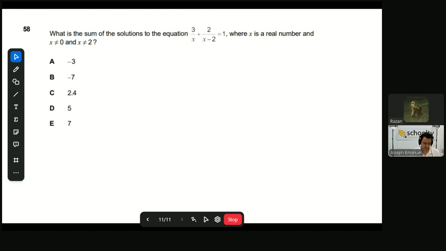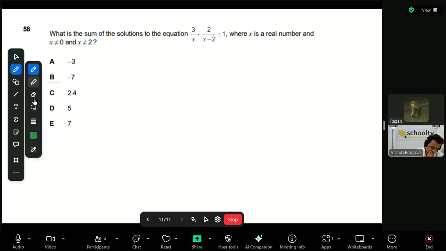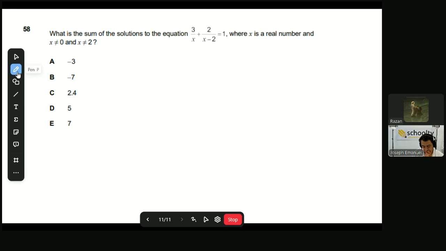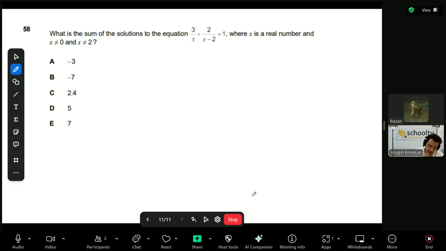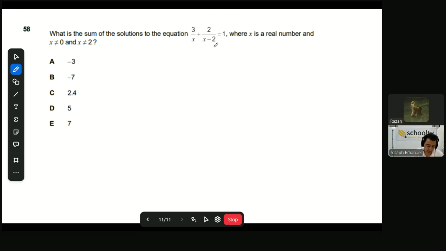What is the sum of the solutions to this equation where x is a real number and x doesn't equal 0 and doesn't equal 2? So x doesn't equal 0 and x doesn't equal 2. What is the solution? I think like the sum of the solutions. The sum of the solutions.